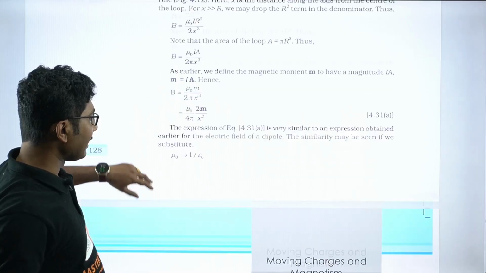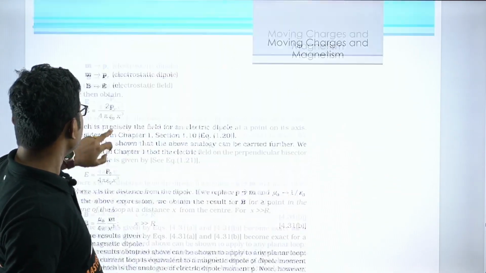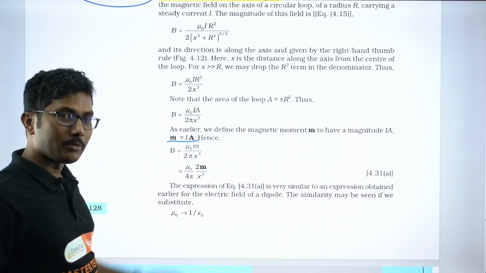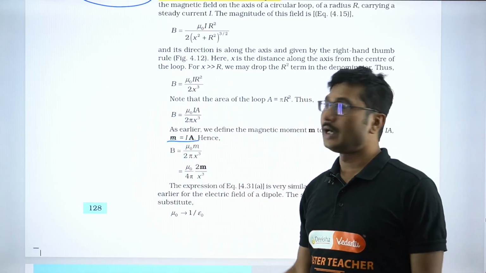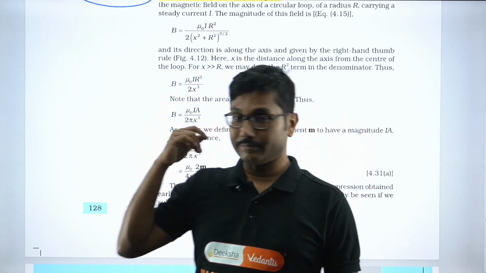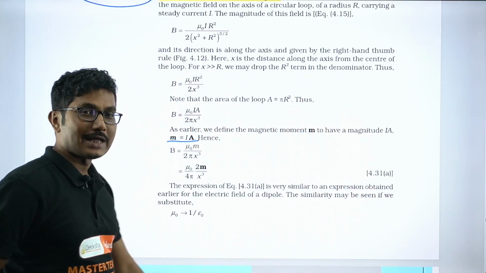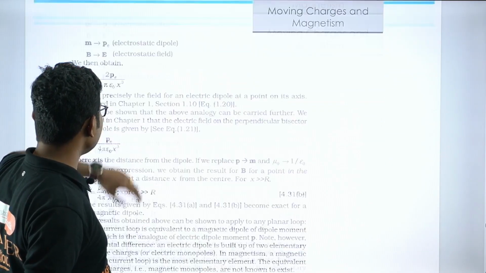The formula for the magnetic dipole moment is M equals IA, the same formula as above. If the current through the loop is I and the area of the loop is A, then the magnetic dipole moment is I into A. Other than that, nothing much is here.